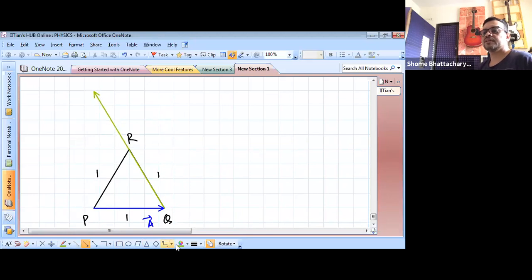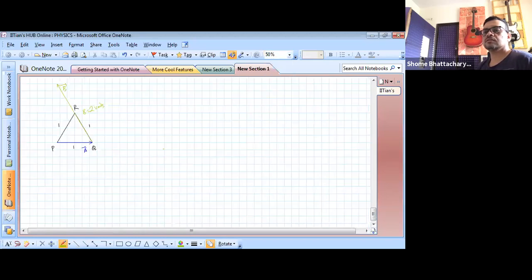So this will be my vector B, longer than this, because its magnitude is equal to 2 units. Similarly, my vector C will be longer, because its magnitude is 3 units.